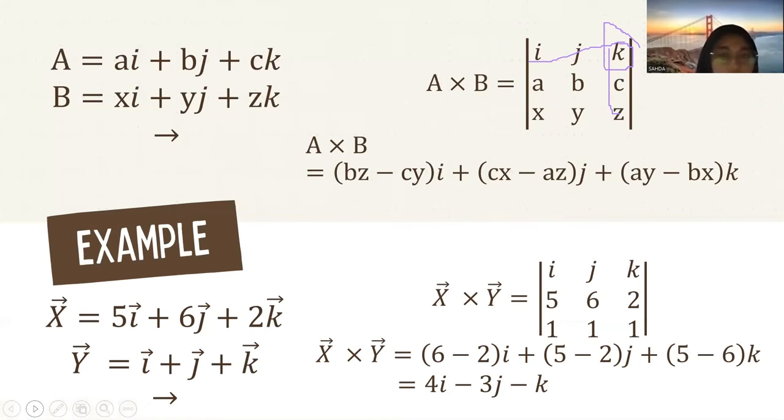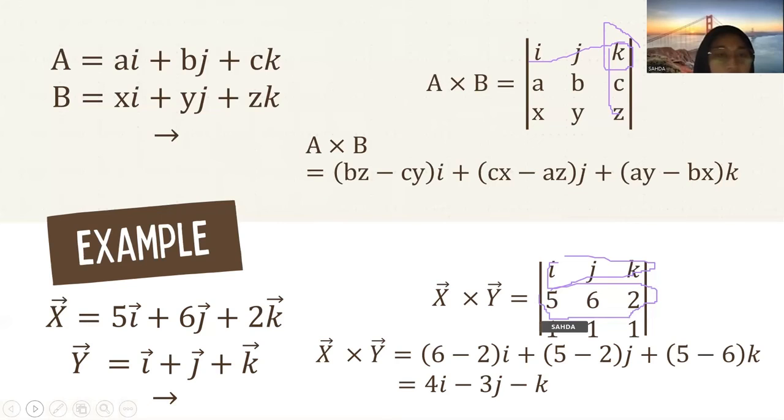Okay, first construct a matrix, and you're going to arrange i hat, j hat, and k hat in the top row, and then the components of vector X in the second row: 5, 6, and 2.